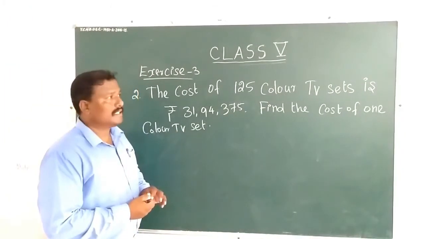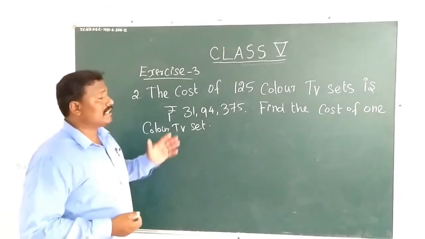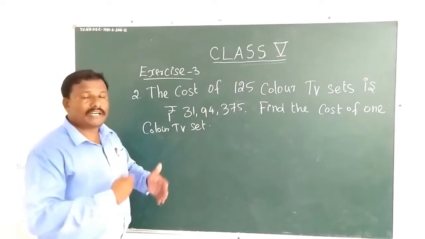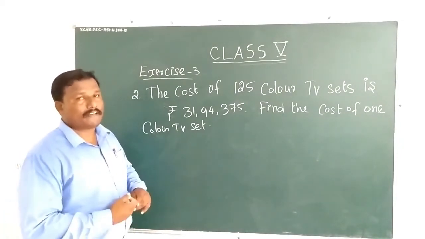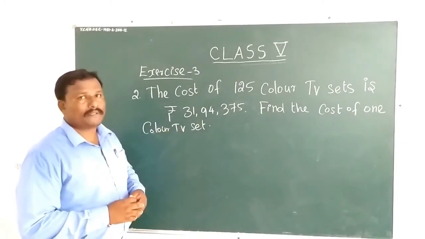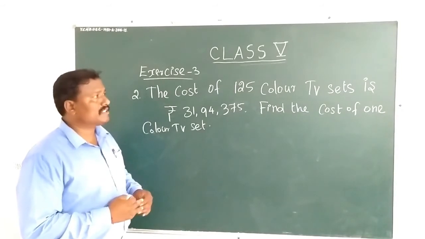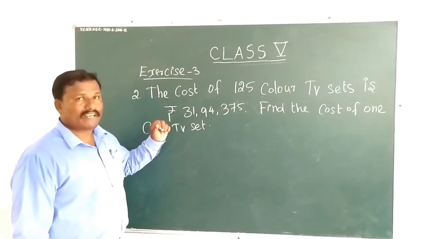Okay, students. It's another word problem. It's real life. In future, if you become a businessman, if you are running a TV shop, then this kind of situation, in this kind of sums we will use in our real life also.